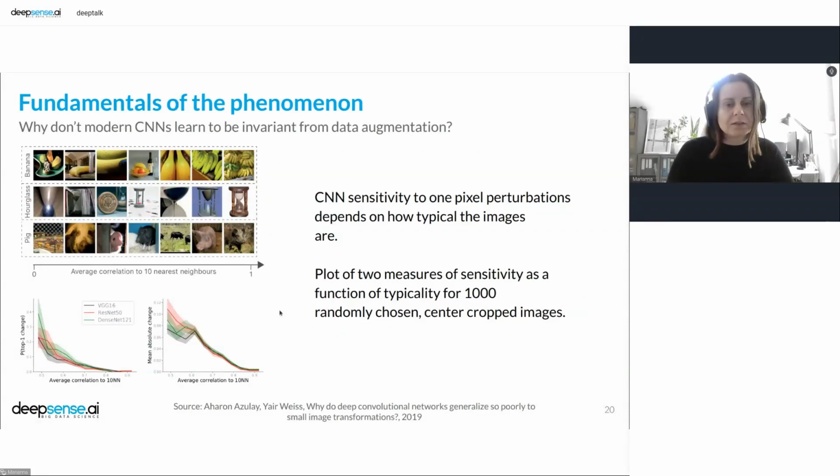The plots show 2 measures of sensitivity as a function of typicality for 1,000 randomly chosen center cropped images. And both measures of sensitivity depend strongly on the typicality of the image. So the more atypical the image was, the more sensitive the network was to its transformations.